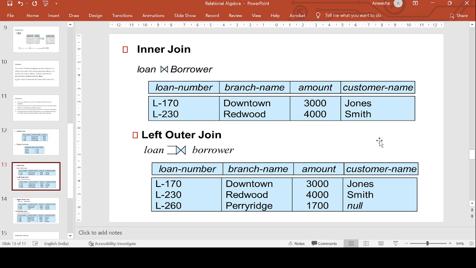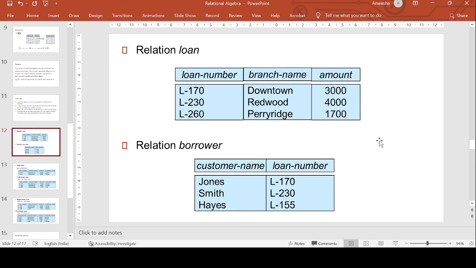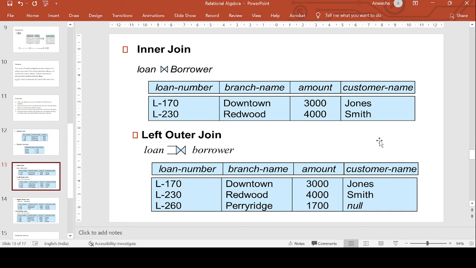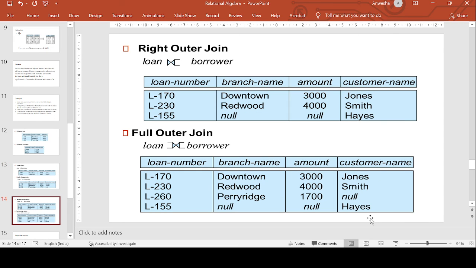L170, Downtown, 3000, customer name is Jones. L230, Redwood, 4000, customer name is Smith. L260, Perryridge, 1700, but there is no customer name. So what will you place here? Null.